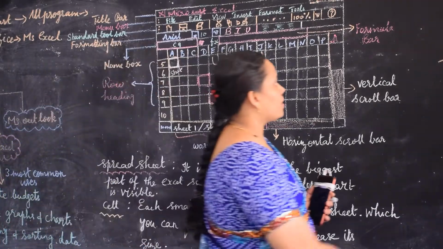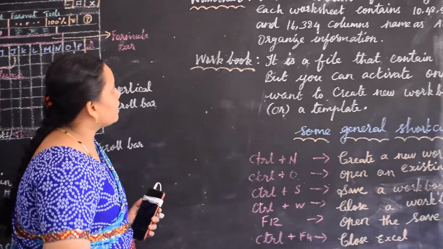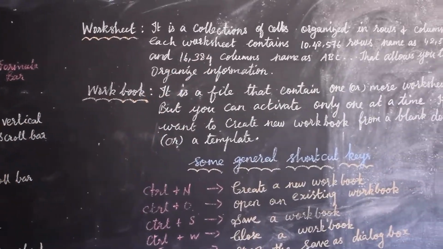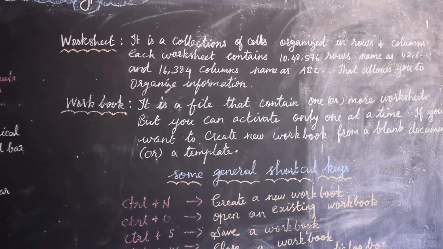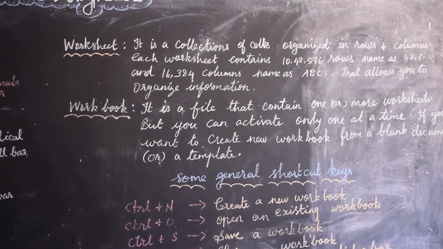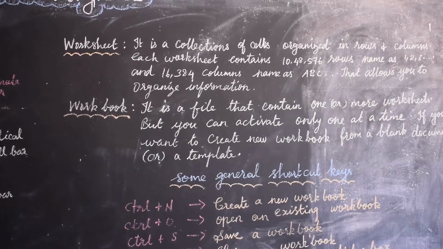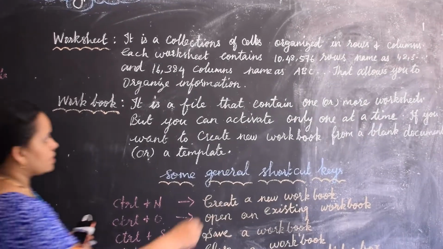Here the next one is the worksheet. The definition of a worksheet is a collection of cells organized in rows and columns. The collection of cells organized in rows and columns is called a worksheet.